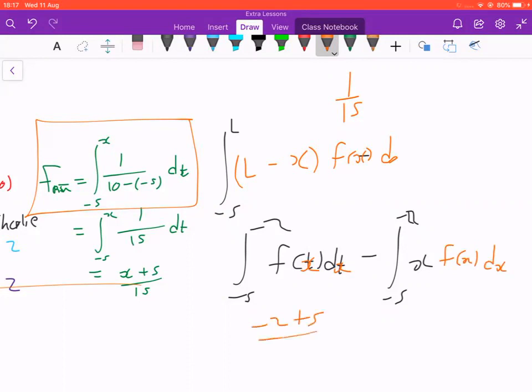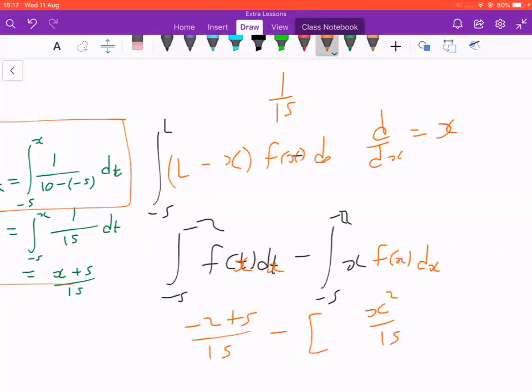-2 plus 5 over 15 minus it's going to be x squared over 15, right? A derivative of x squared.